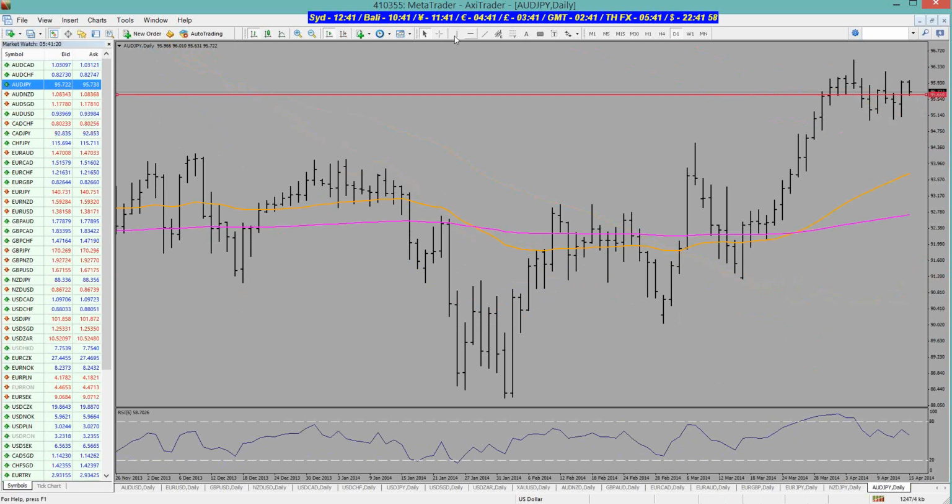Your original risk would have been 130 pips, and you're now looking at 82 pips. So you lost about a third of your trade if you get taken out. You still got two thirds of your original risk.